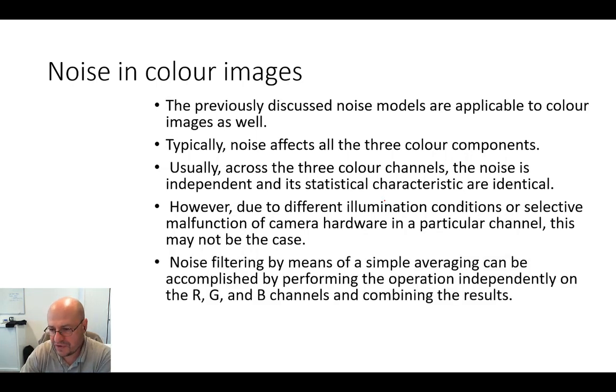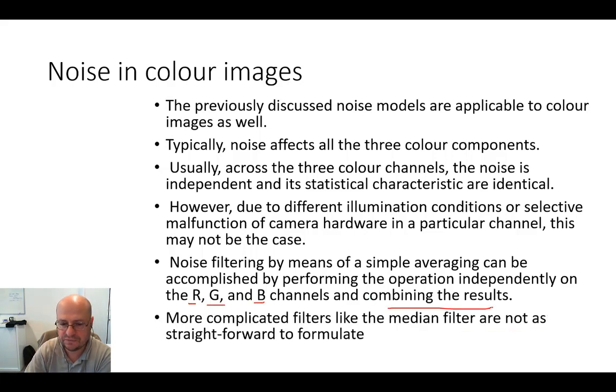Noise filtering by means of simple averaging can be accomplished by performing the operation independently on RGB, if you are dealing with RGB space, and then combine the results in the end. But more complicated filters, such as the median filter, are more involved to formulate as an operation that's going to work on the three channels independently.